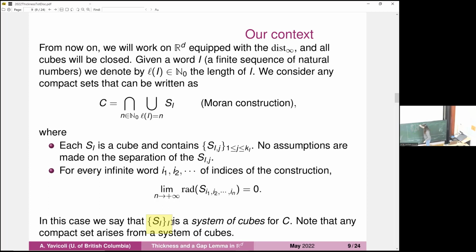This is the first cube that is associated to the empty word, and then we have 4 cubes at the first level. And then we have children there, and so on.